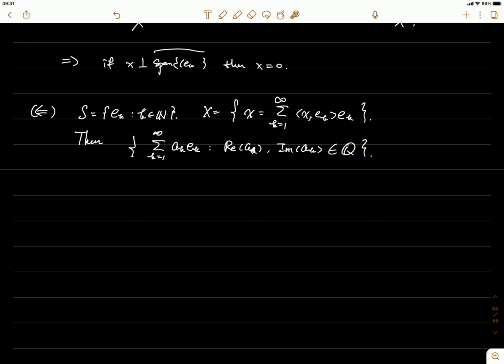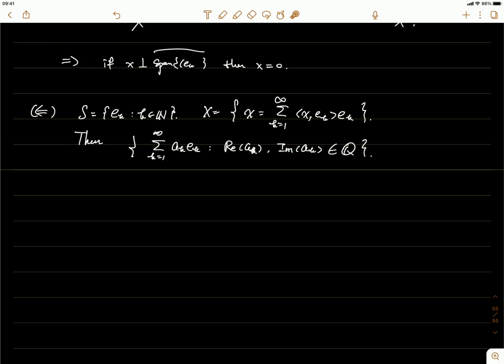The reason is that for any coefficient, I can use a sequence of complex numbers with rational real and imaginary parts to approximate it.